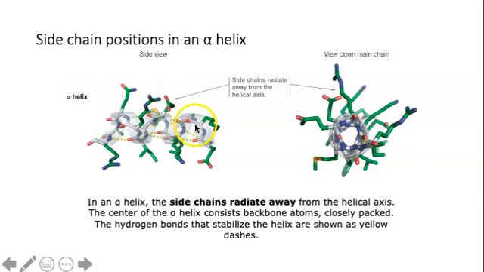If we look at it from the side, we can see that we have these hydrogen bonding interactions approximately every 4 amino acids away. That is what stabilizes this helical form. So if we're showing an alpha helix in tertiary structure form, it's just shown as a helical ribbon.